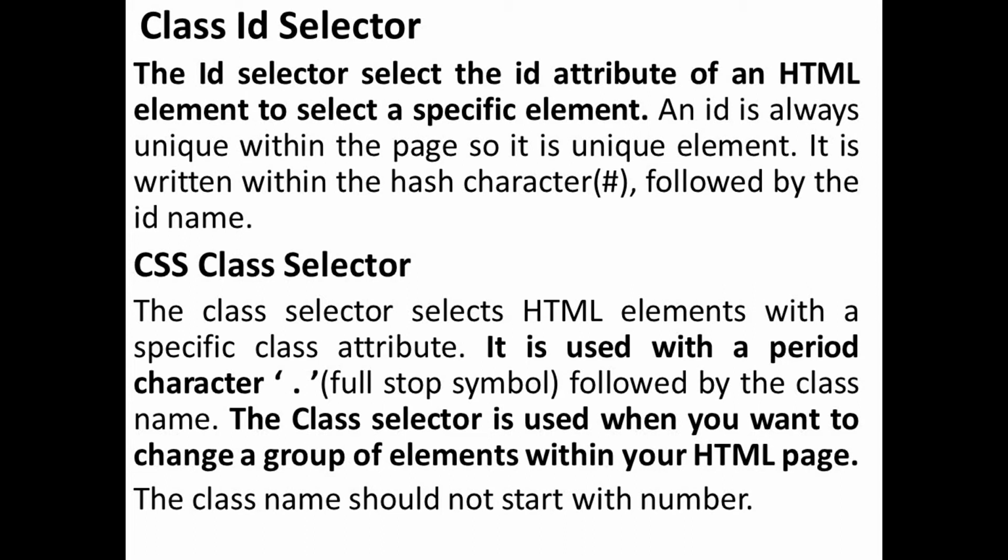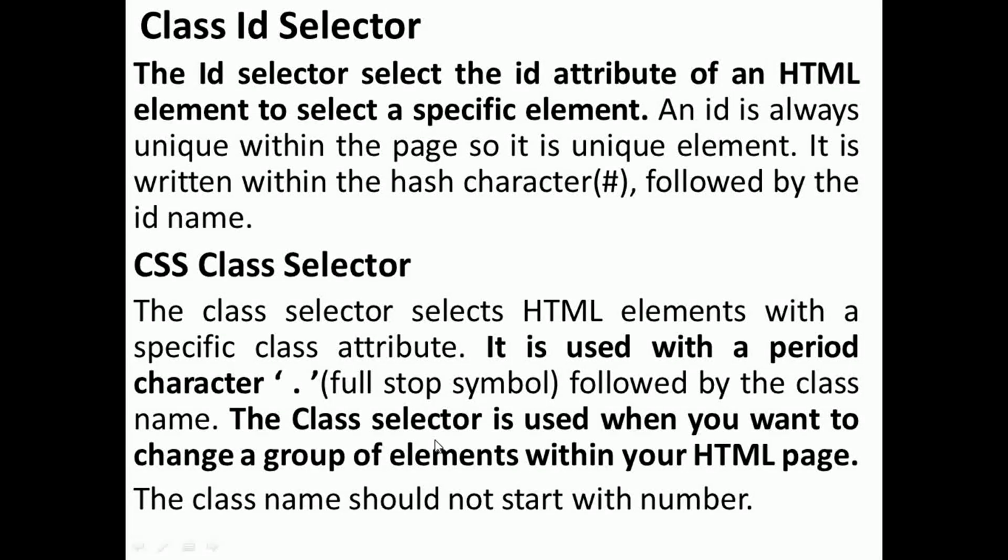The class selector selects the HTML elements with a specific class attribute. So here I have to use the class attribute. It is used with a period character, that is, a dot, the full stop symbol, followed by the class name.